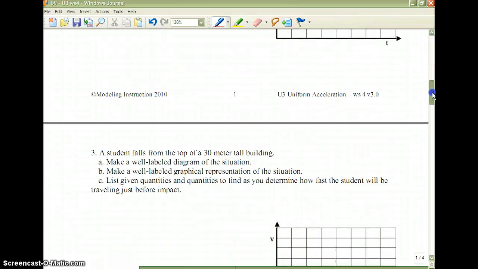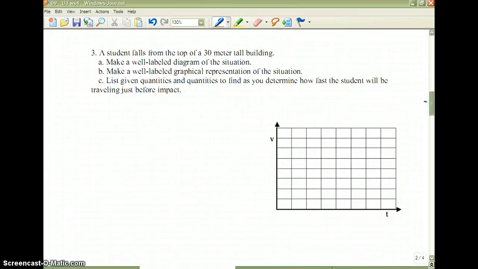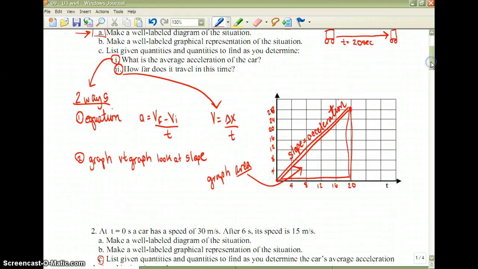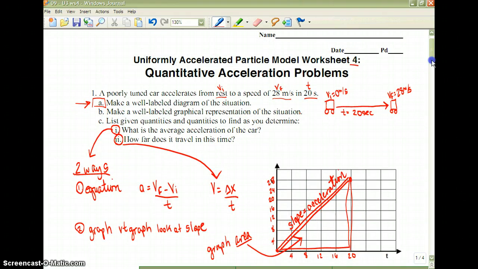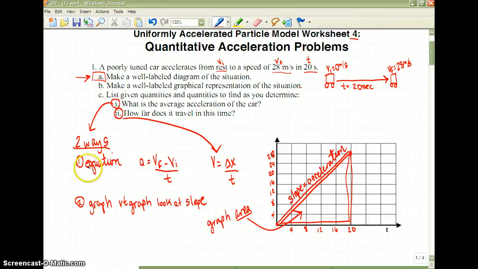So for each one of these problems, start off by drawing a diagram, make a graph, and then see which way you want to go about solving the problem. Hopefully this helps you. Just to recap, there are two separate ways to go about solving the problem: by equations or by the graph. I hope this helps you. Come back and look at it anytime you need it.